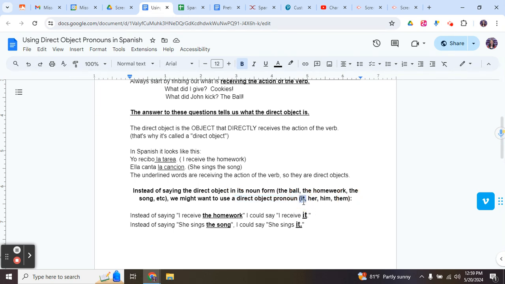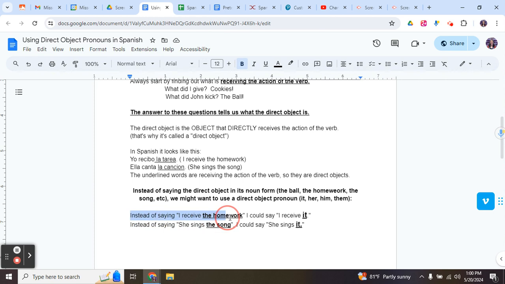The homework could be replaced with it. So could the song. Maybe I hugged Mary, but maybe I want to say I hugged her. Maybe I hugged him. Maybe I hugged them. I can say I hugged my children, or I can use the pronoun for children, which is them, and I could say that instead. I can say it either way.